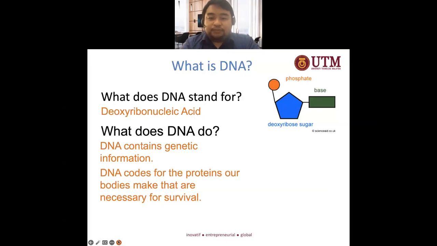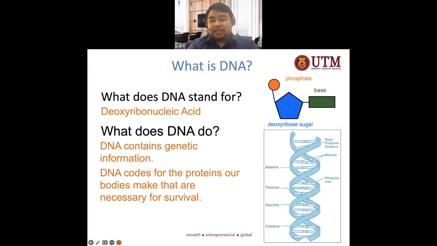So this is the structure of the actual DNA. We have looked into the bases of DNA. Now this is the actual shape of DNA, which is in a helical form.